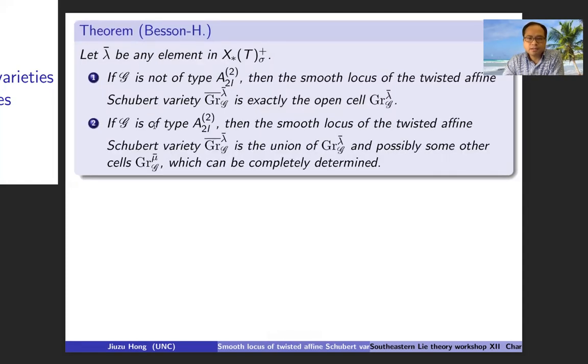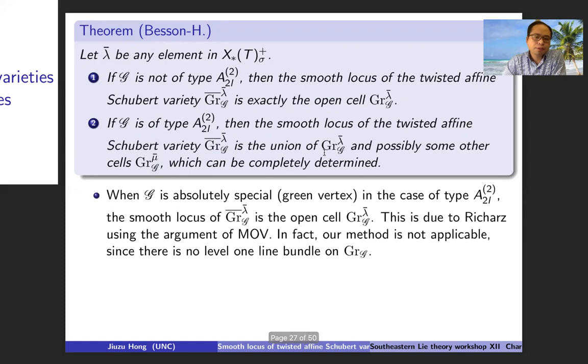And if G is of type twisted A_{2l}, so for the standard type, then the smooth locus of the twisted affine Schubert variety will be the union of the big cell, and possibly it will consist of some other cells, G mu bar. And this can be completely determined by combinatorics. Yeah, let me not get into the precise combinatorics here. So then let me make some remarks.